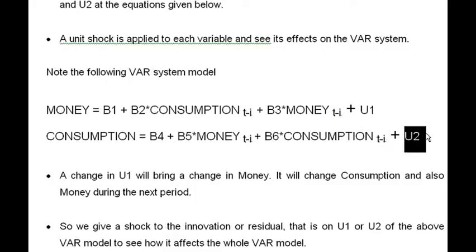And u1 and u2 are the error terms. u1 and u2 are actually called error terms, or we can also call them innovations or impulses or shocks. So they have three names: innovations, impulses, or shocks.